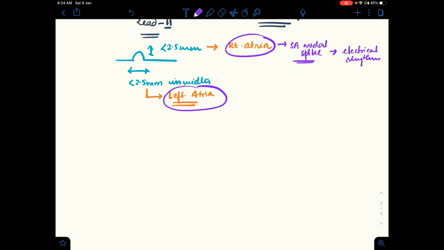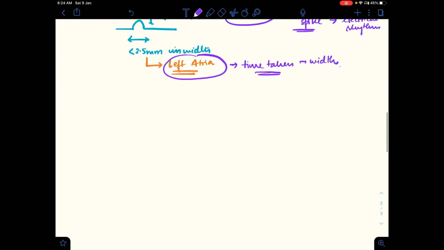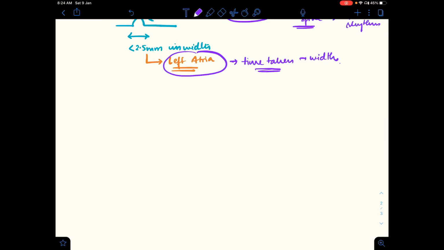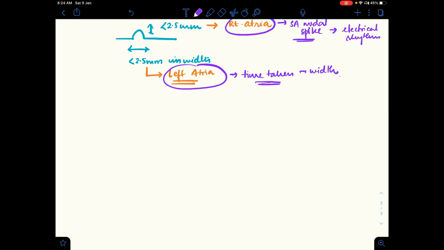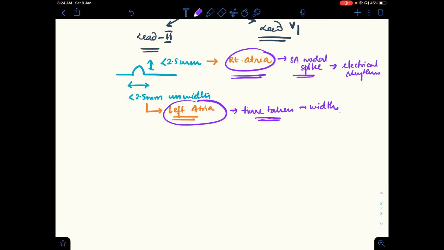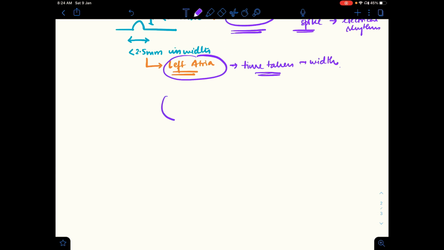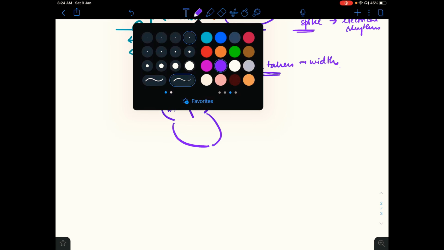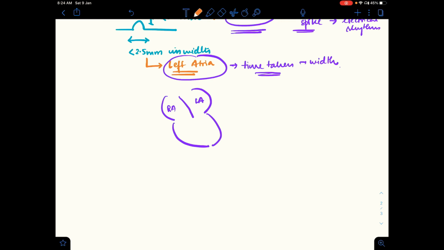After the electrical rhythm is generated, it travels to the left atrium, so the left atrium is denoted by the time taken. So it denotes the width. Also, the right atrium comes directly in line with lead 2 due to the depolarization. This is the right atrium, this is the left atrium.